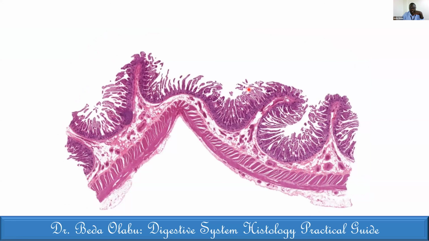So this is a slide of the small intestines, at low magnification. It's a longitudinal section. We see plica circularis there, another one there, another one here, and another one there. We can see the villi.